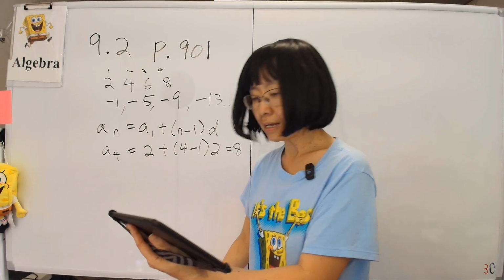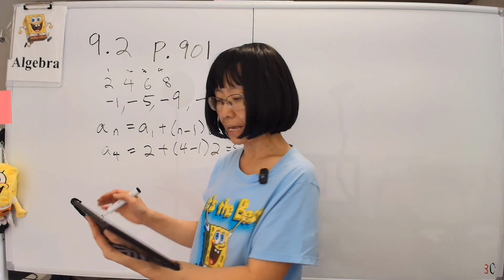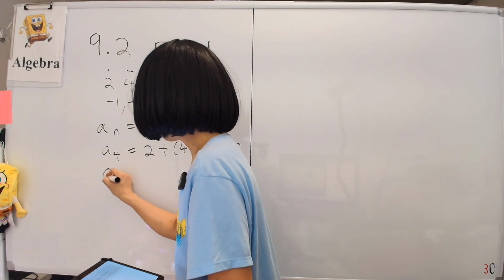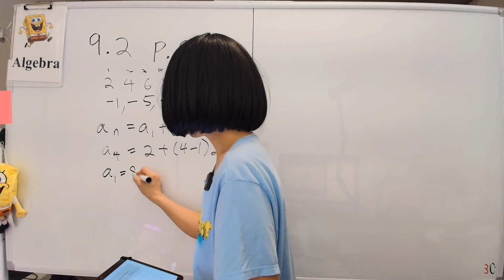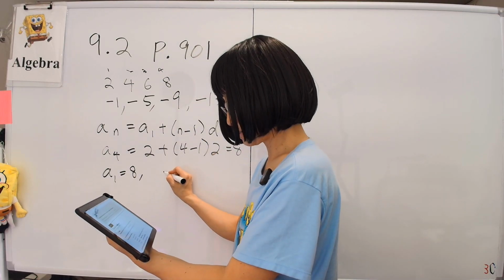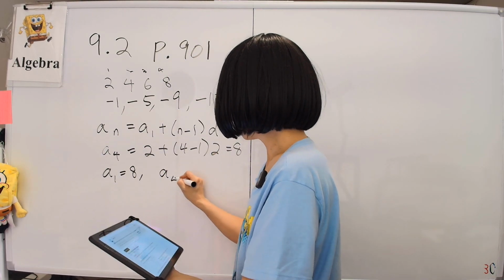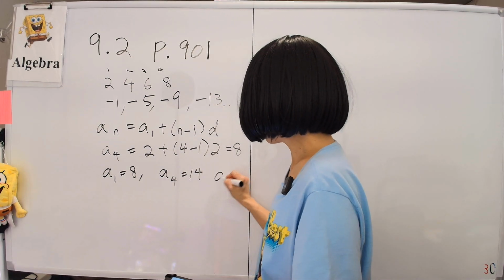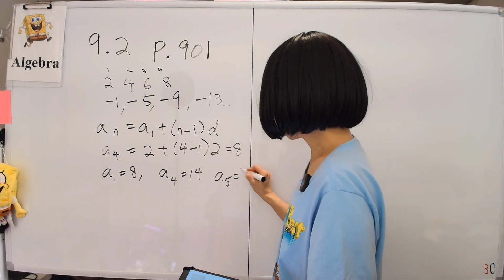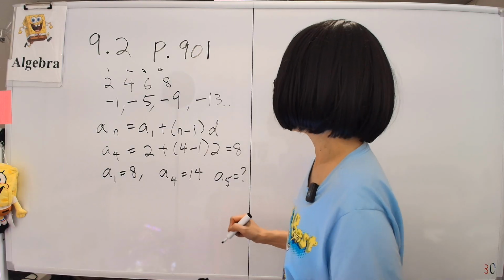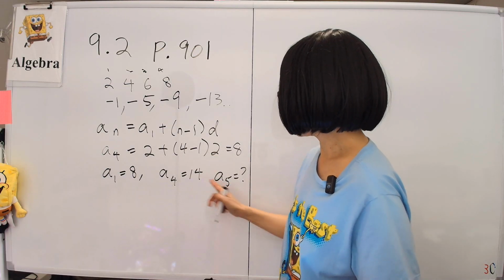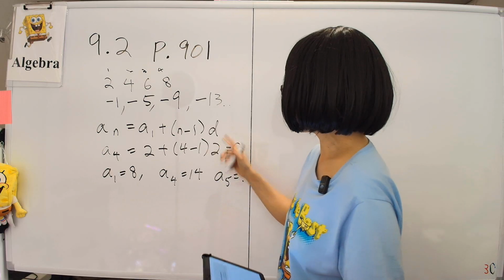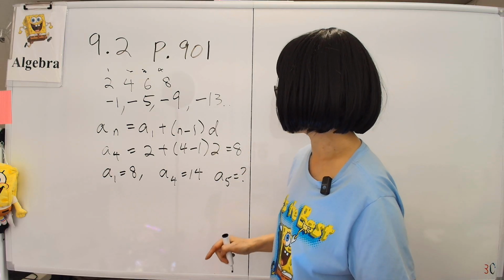It says that if we have a1 equals 8 and a4 is 14, so I'll write that down. a1 equals 8 and a4 equals 14, okay? We need to figure out what a5 is. The way we do this is, we first figure out what d is. Once we figure out what d is, then we can plug in for a5.